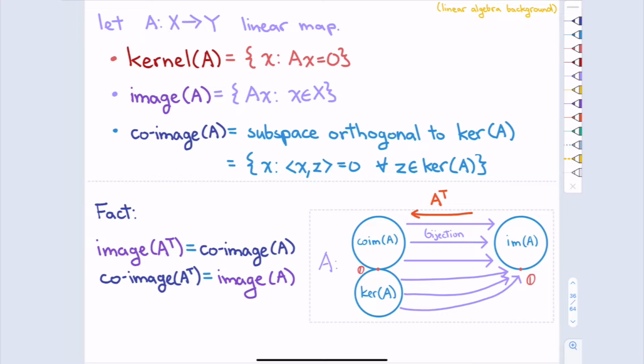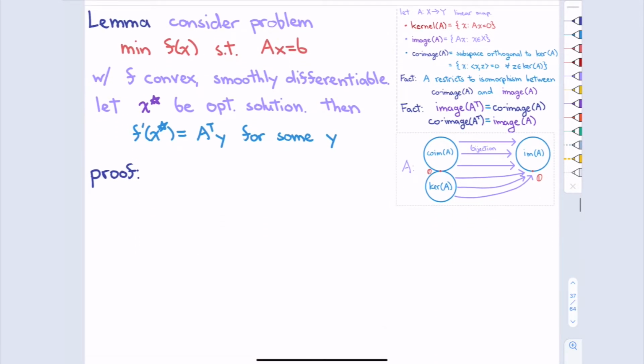A times A transpose is not equal to identity, but they are both giving bijections between the same set of vectors on one side orthogonal to the kernel. Okay, that's the main facts. Not sure if you guys have seen this or not. It might show up in like the first half of a graduate linear algebra class. Okay, but it's on the right hand side if not.